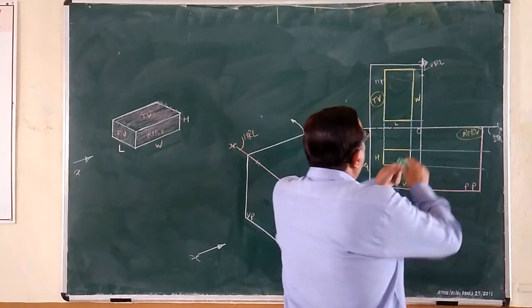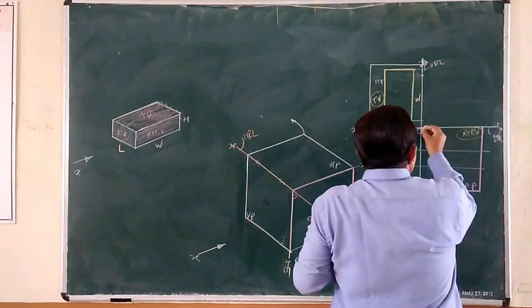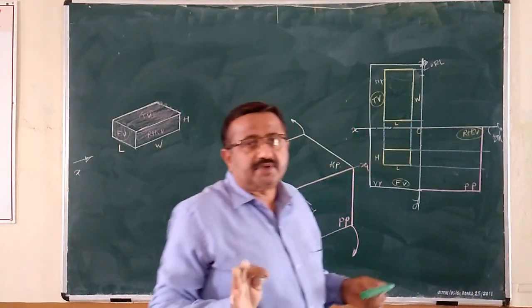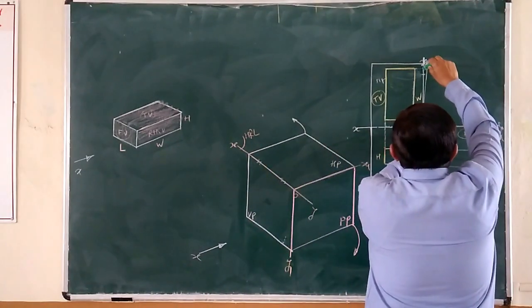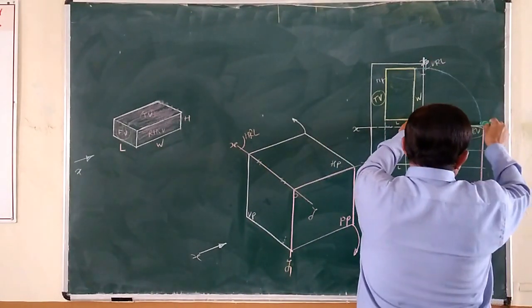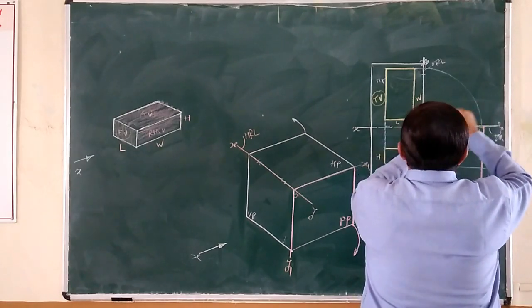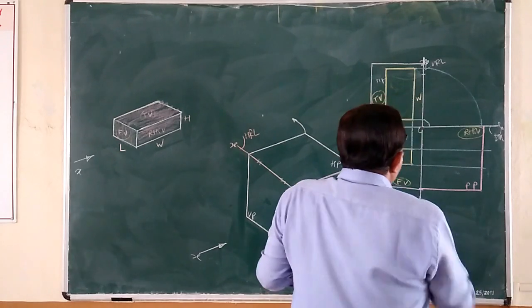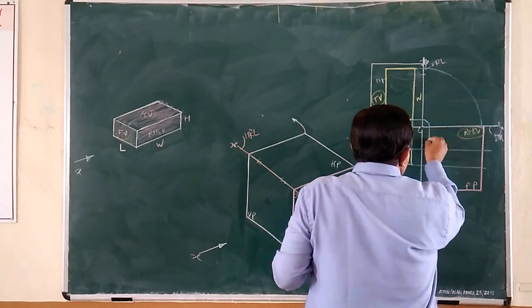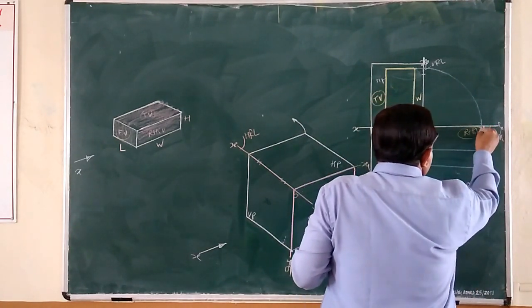And about O, O is nothing but the point of intersection of both the reference lines, horizontal as well as vertical. So about this O, you have to tilt these horizontal projectors in this way. Now after that, extend it down.